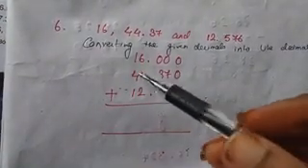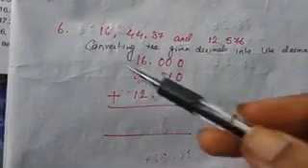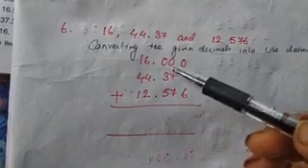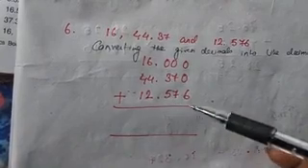So, we have to put 3 places after the decimal. So, 16.000 and 47.370, then 12.576.